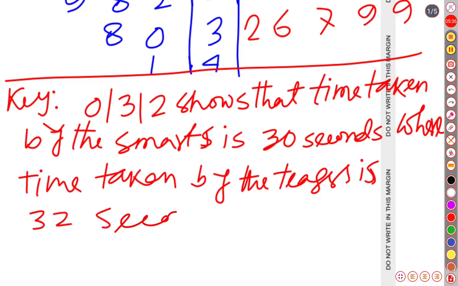So that's all about the answer to this part of the question.